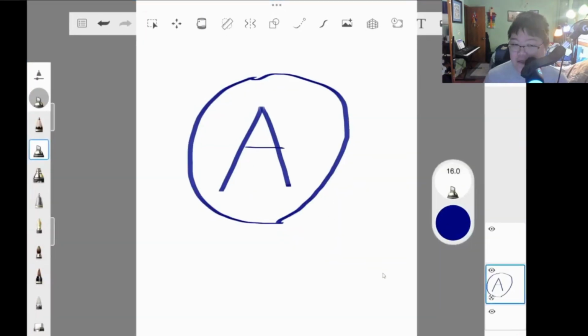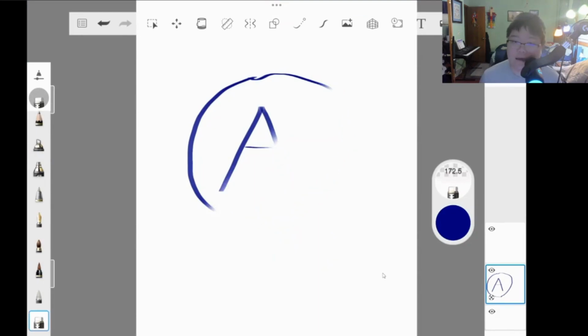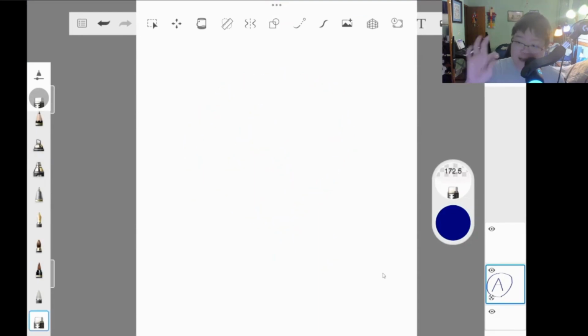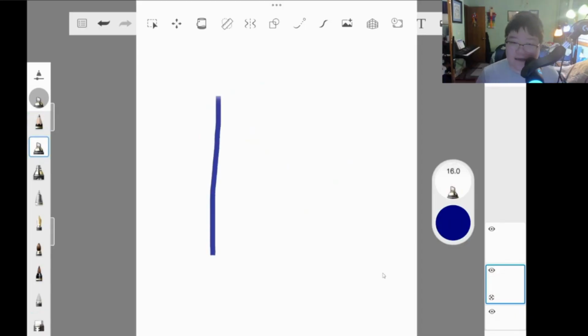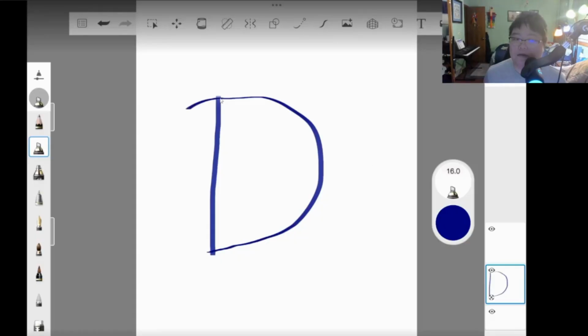Now for D, I think we can do a similar thing for D as C, which is to make a circle, but a little differently. So I'll tell you how to. The curve here will act as the circle, right? So just do that as well, and then you can just have this line and then make an A like that.